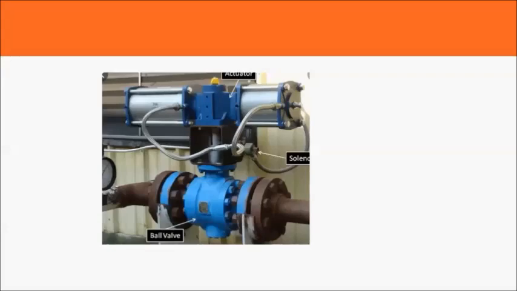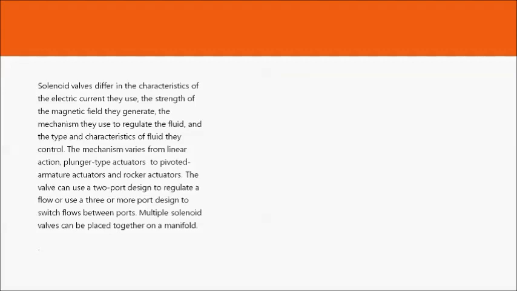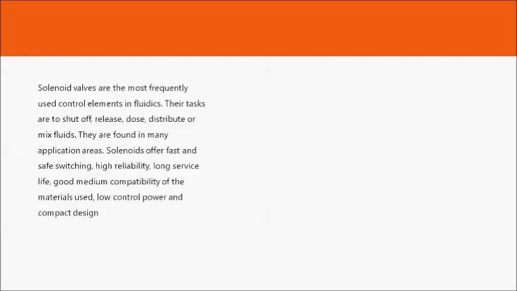If we close the valve, then the water will not flow. If we only open a little, then there's a little flow of water. That's why solenoid valve is used to shut off, release, dose, distribute, and mix fluid. Okay, that is the use of solenoid valve. How about they are found in many application areas also?